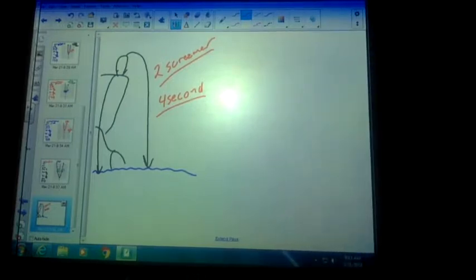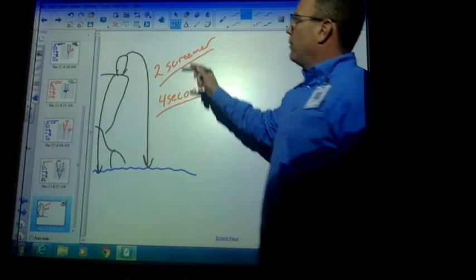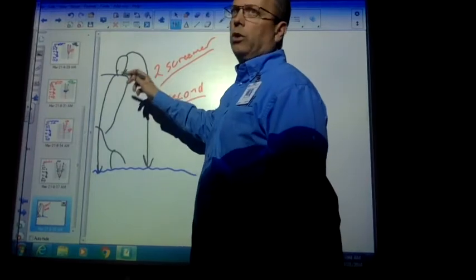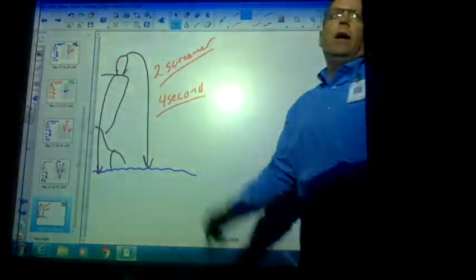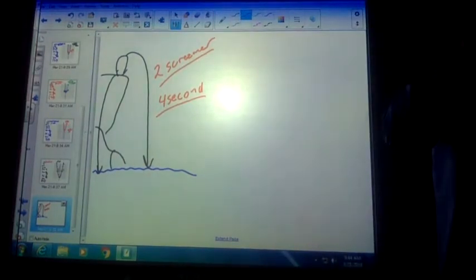When you hop out of an airplane, don't you have 60 seconds before you hit the ground? It depends upon the height you jump from. The nice thing is free fall of an object, which is basically what you're doing. Even if you jump up, you're still in free fall, and you accelerate towards the earth at a certain rate.